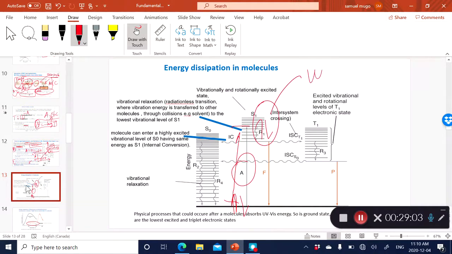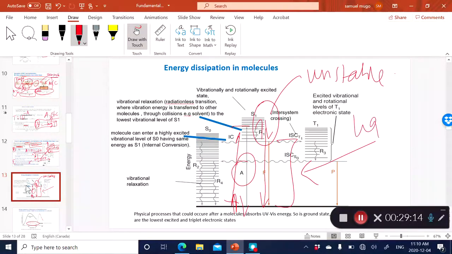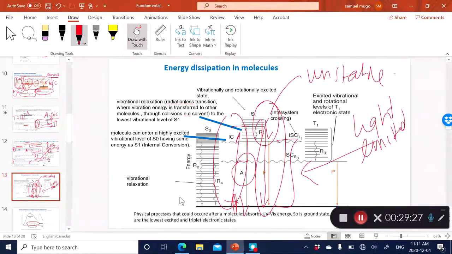They are very unstable, and so they tend to relax back to the low energy levels. With that relaxation, light is emitted, okay? So other than absorption spectroscopy, you also have emission spectroscopy, the light that is emitted following an event of absorption.